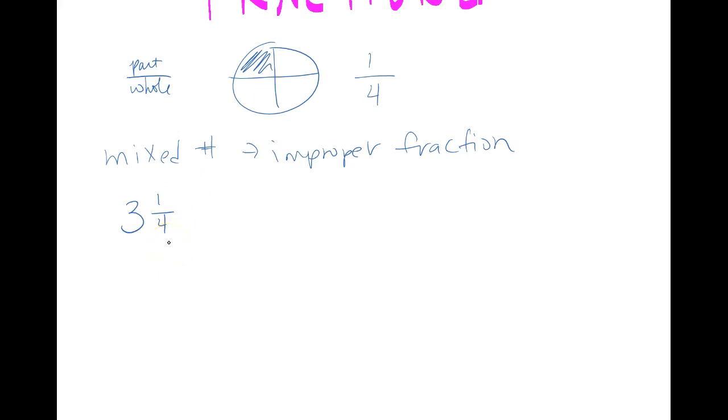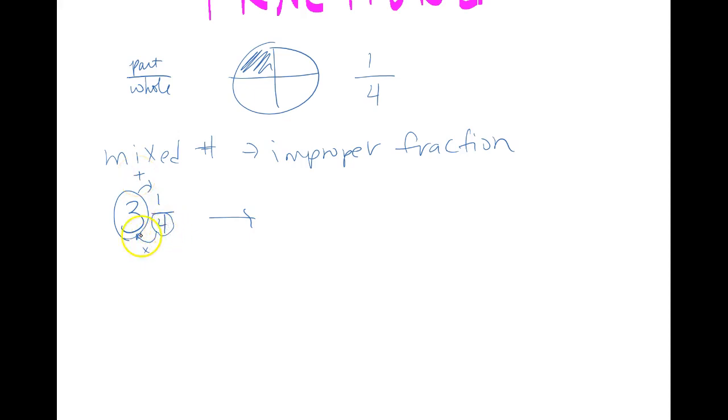To turn it into an improper fraction, just as a refresher, you take the number on the bottom, you multiply it by the number out front, okay, so we're going to do a little multiply right there. Then whatever that answer is, you're going to add the number on top. So notice I put a multiply down here and an addition symbol up here.